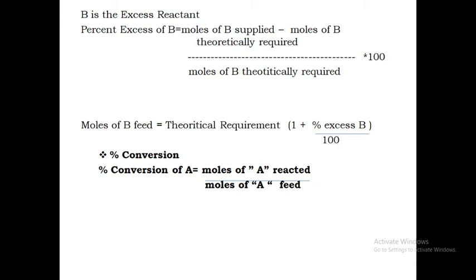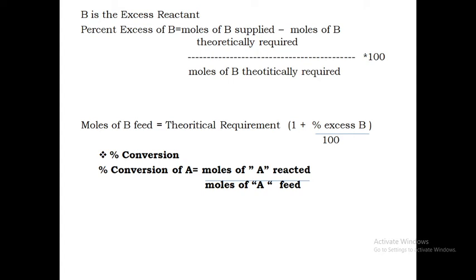So which one is common here? Moles of B theoretically required. Take it outside. Here multiplying with 100 means it comes to this side divided by 100. So the common term is moles of B theoretically required, into 1 plus percentage excess B divided by 100.